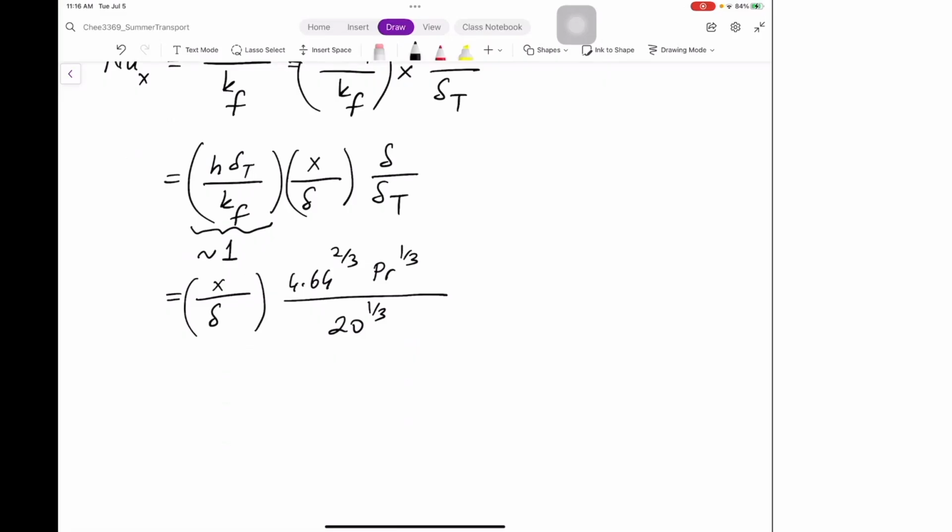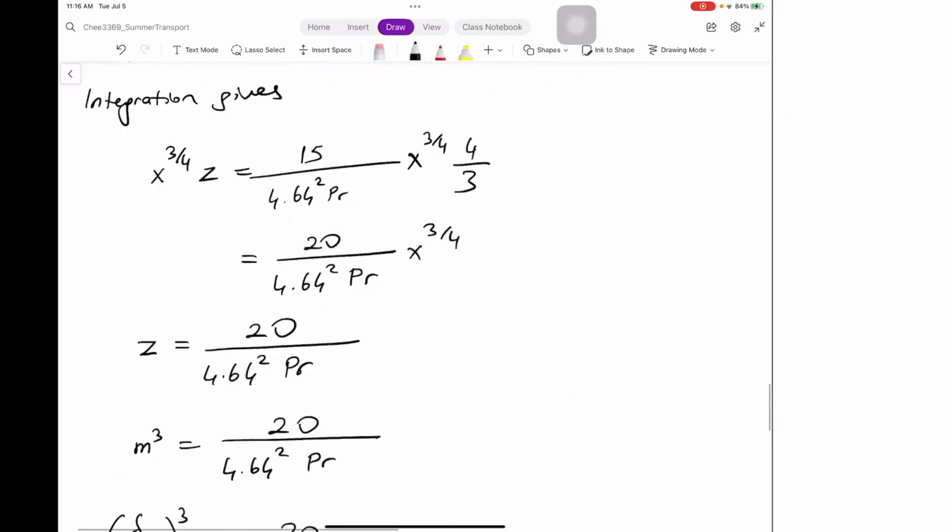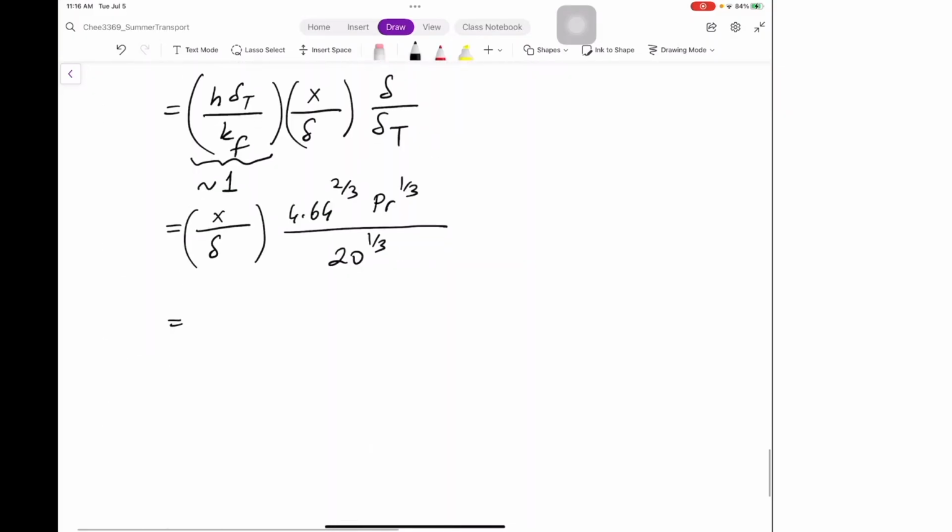And x over delta, for the x over delta, what was the x over delta? Let's see. I guess my notes. Okay, so the x over delta was 1 over 4.64 Reynolds number x to the power -1/2, correct?